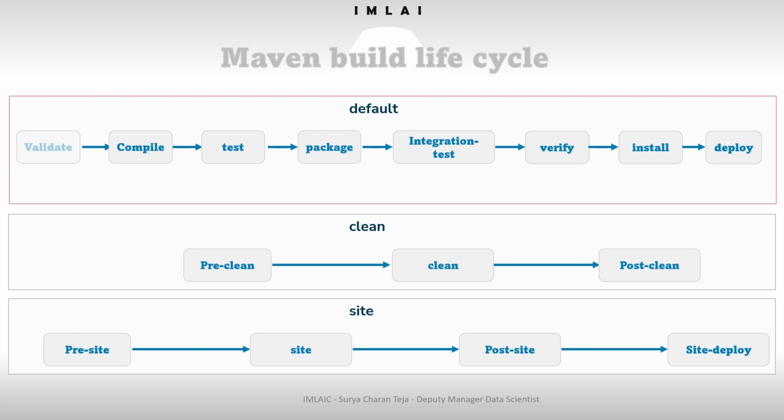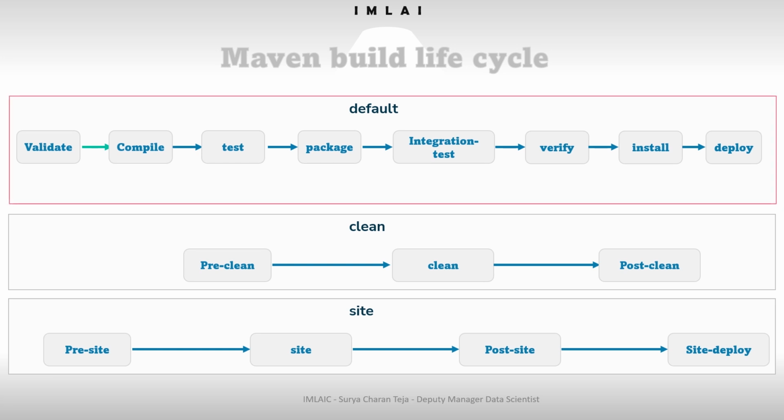It begins with the validate. It validates the source code, then it compiles the source code. It will convert the source code, which is written in human readable format, into machine language, basically bytes, bits and bytes.